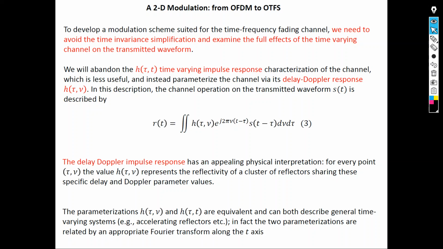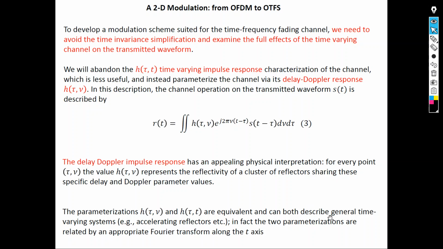The parameterizations (tau, v) and h(tau, t) are equivalent. They are exactly representing the same thing. But one of them is mathematically friendly and physically meaningful, and the other is not.